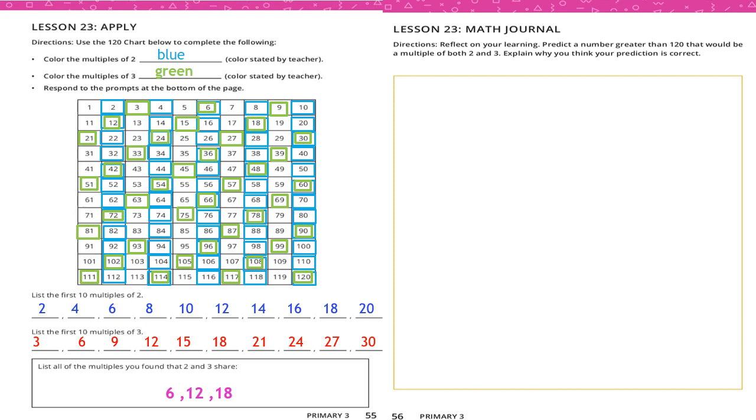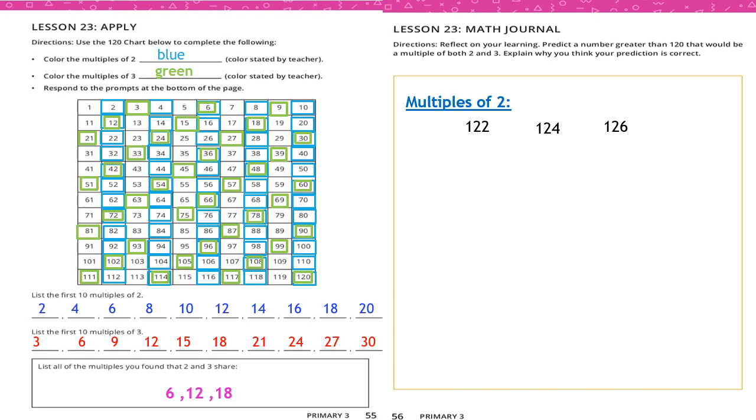Lesson 23, our math journal. Predict a number greater than 120 that would be a multiple of both 2 and 3 and explain why. So we need a number greater than 120 that is a multiple of 2 and also a multiple of 3. First, multiples of 2 are what? 122, 124, 126.